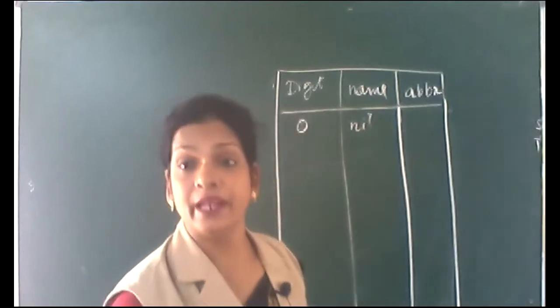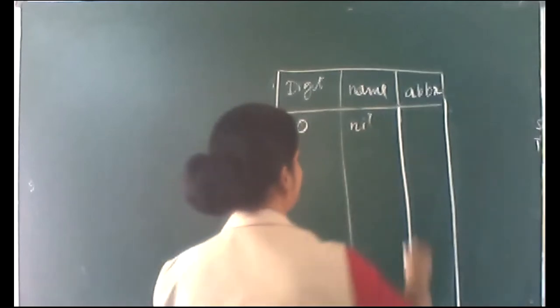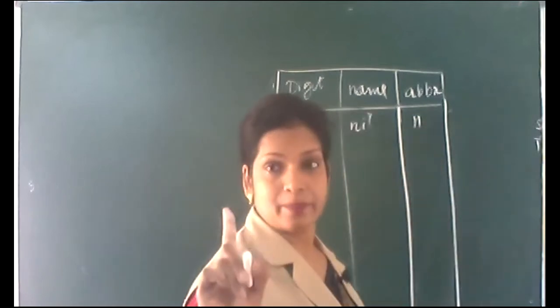For 0, nil and N. The first letter is the abbreviation, just as for hydrogen we say H, for helium we say He.